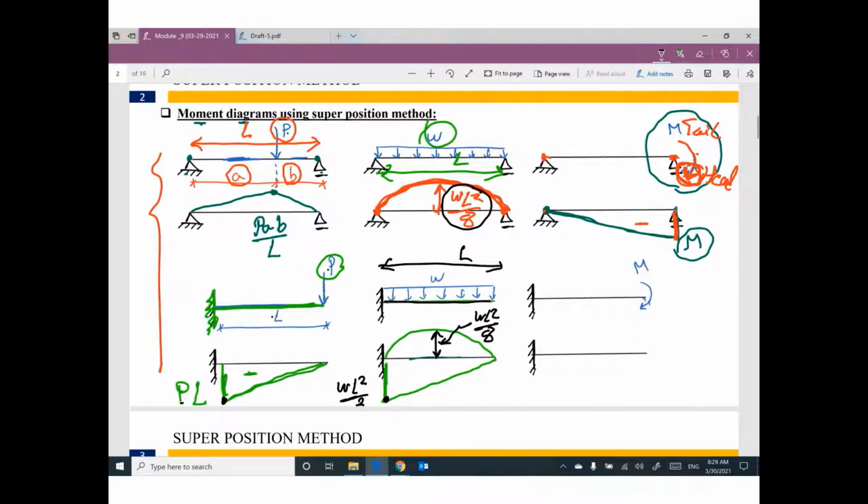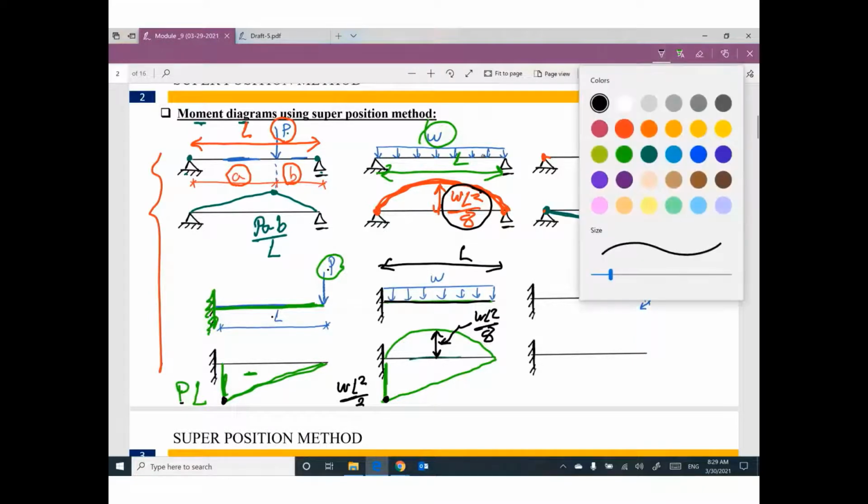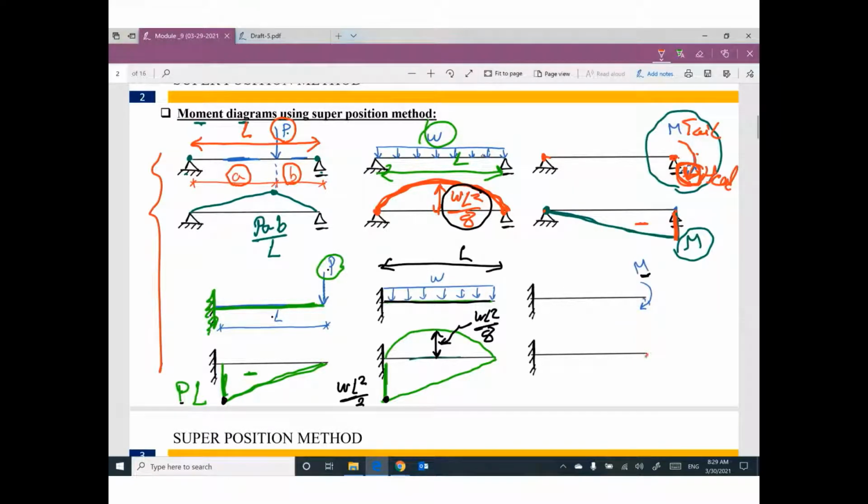The third case, if you have a cantilever fixed from one side and you have a concentrated moment. Okay, your moment will be down. Why? At this end, why? Because the head of the arrow is down. And this value will remain constant during the length of the beam. No change.